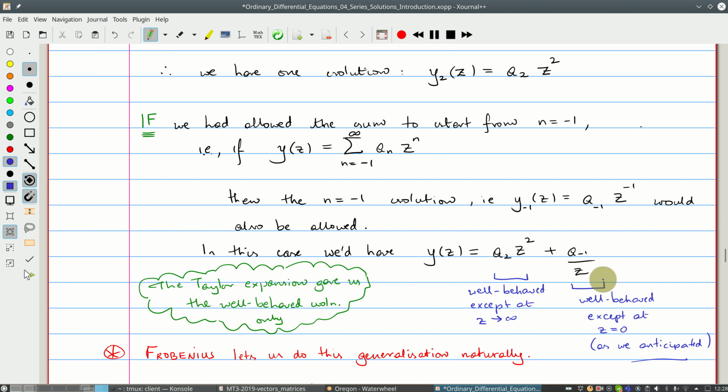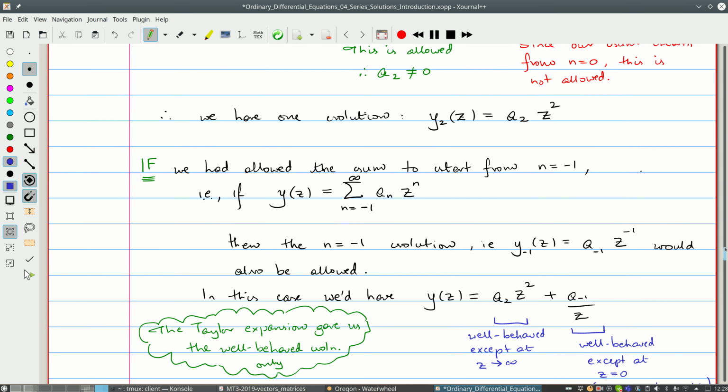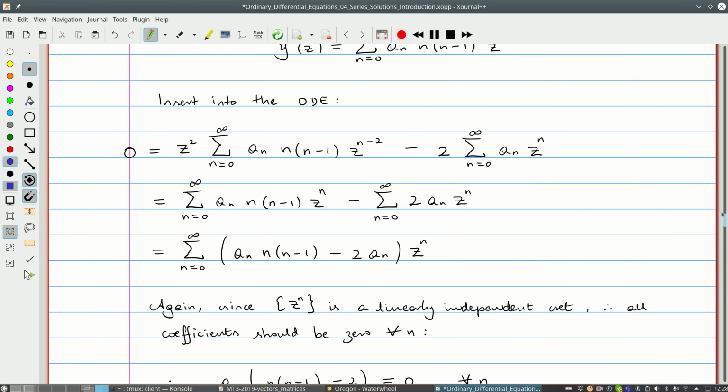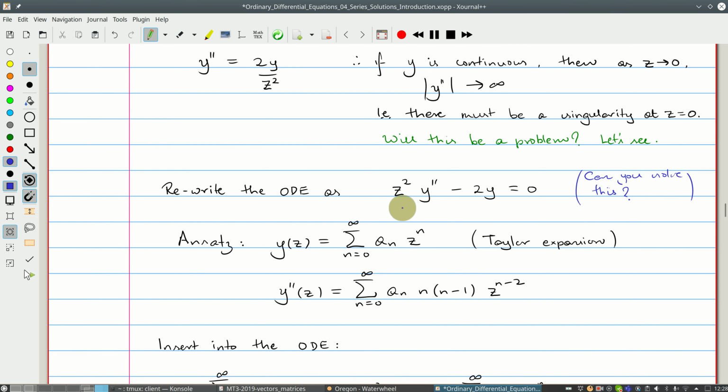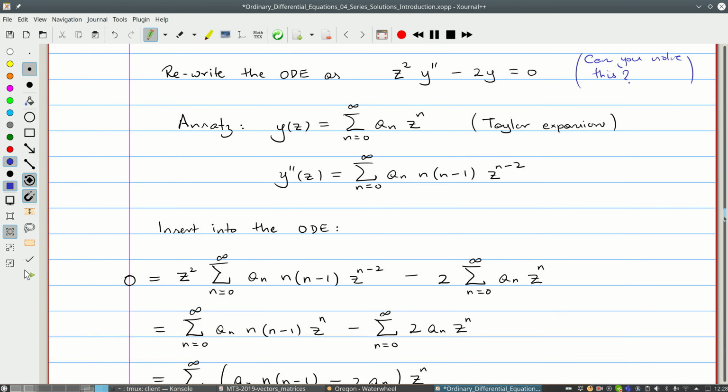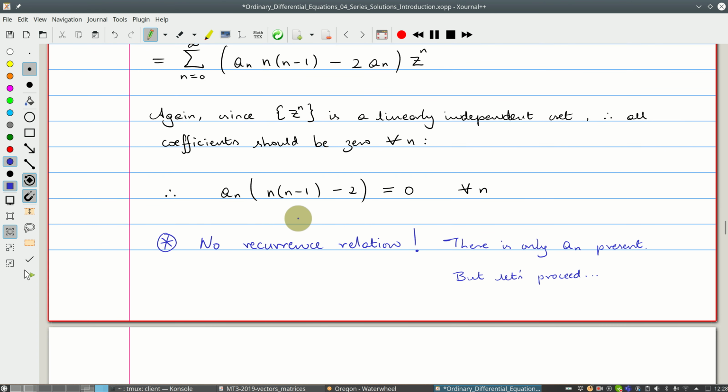So before going to the Frobenius solution, let's just once again look at what happened here. We started with what looked like a fairly innocuous ordinary differential equation. We put in the power series solution, and we ended up not getting a recurrence relation.